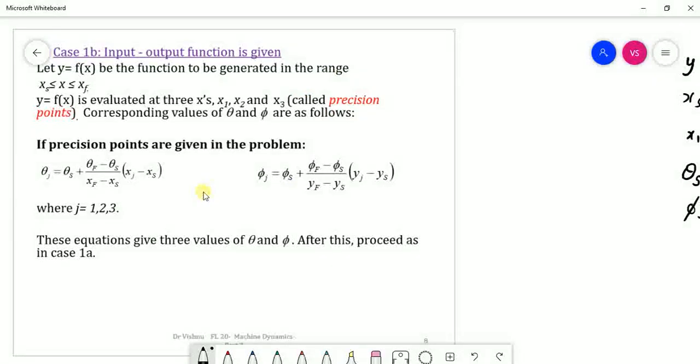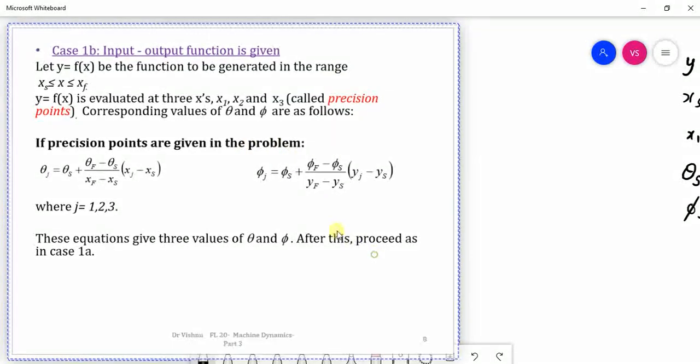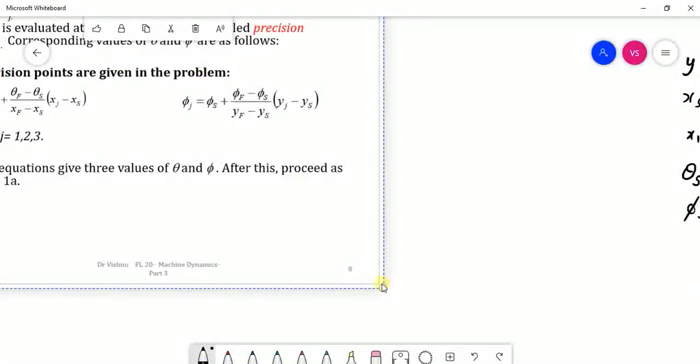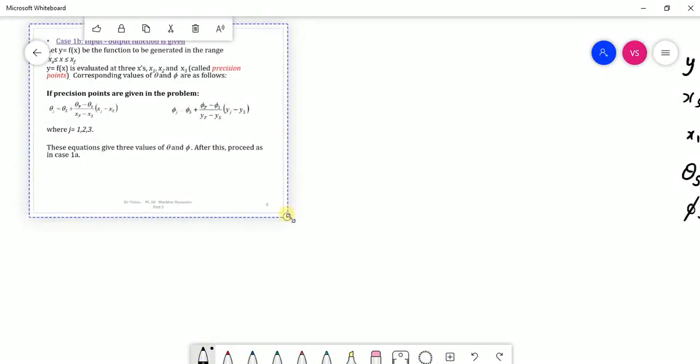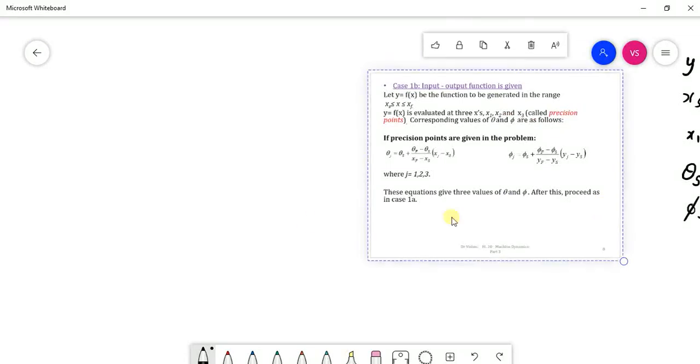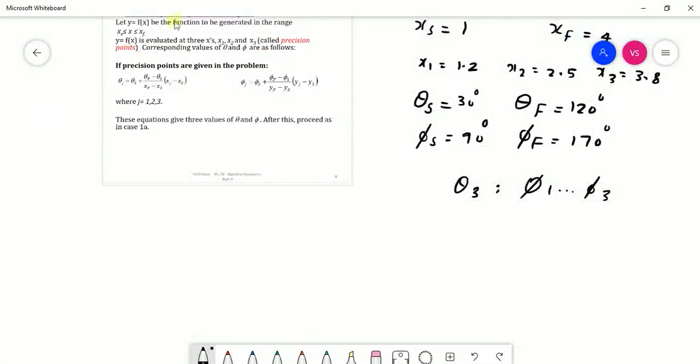This is the formula we will be using. So theta j, we said before, theta is for input and phi is for output. That means theta is for x and phi is for y. So let us use these numbers given here in this formula for theta first.